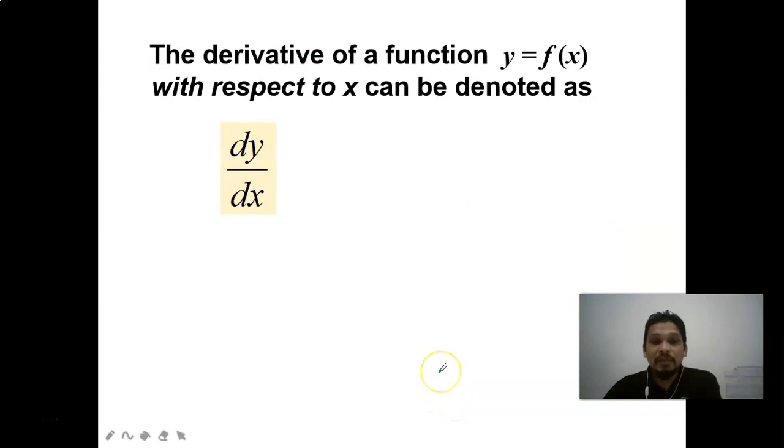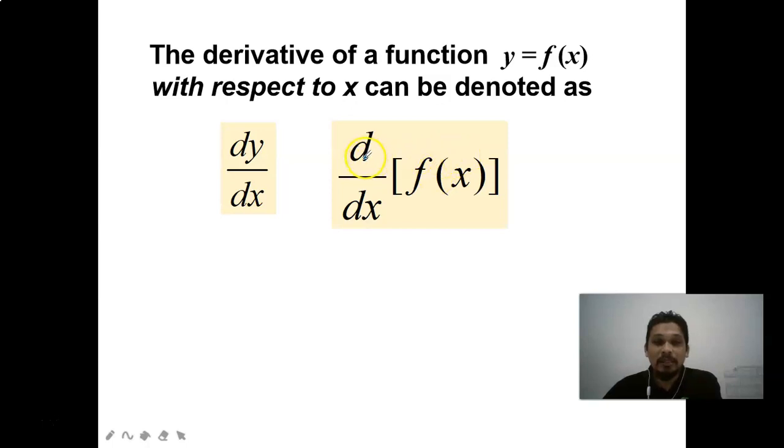So, the derivative of a function y equal to f(x) with respect to x can be denoted as the derivative of f(x) with respect to x, then y prime or dy/dx, d f(x)/dx, or y prime or f prime. So, these are all different formats of writing the derivative of the function y equal to f(x), but they all give the same meaning.